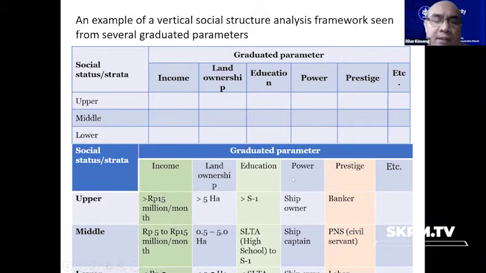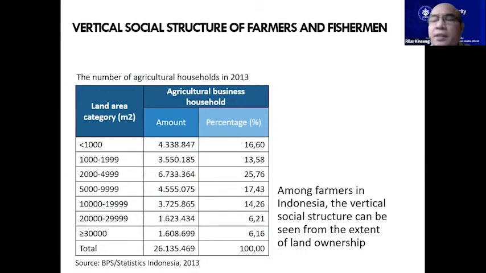Like this example, some of the farmers have a large scale of land ownership, while others have very small, and even some others have none. They have no land of their own. This is just an example. In Indonesia, farmers are categorized based on the land area they own.